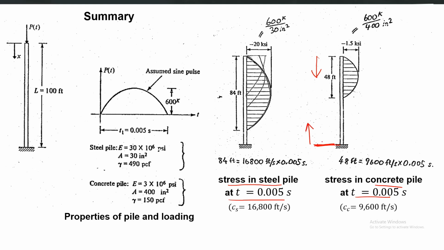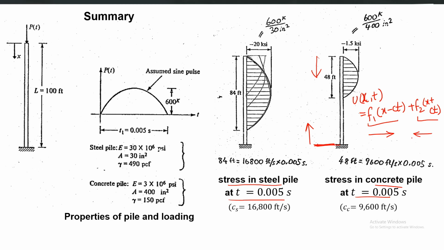Just remember that we have assumed that u of x comma t had this form: f1 of x minus ct plus f2 of x plus ct, and we have already plotted f1 and f2 using an example sinusoidal function, and we came to know that if f1 is a wave moving towards the right-hand side, f2 will be a wave moving towards the left-hand side.